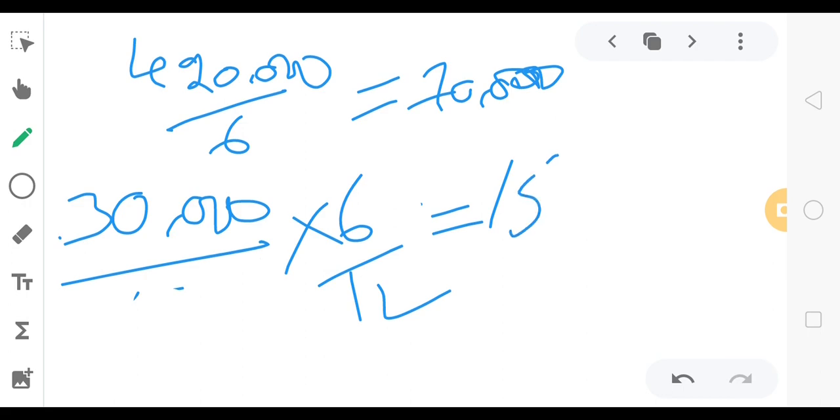So now the book value is given. Now we calculate at the rate of 20% depreciation. So the depreciation we got.